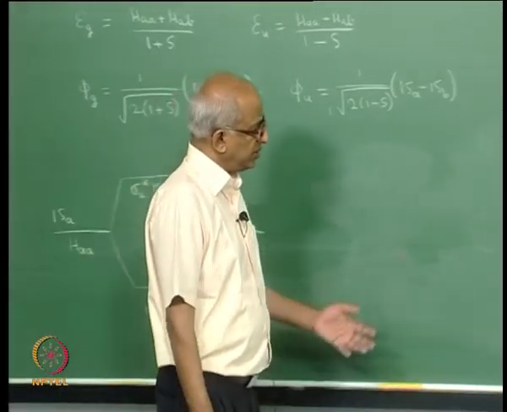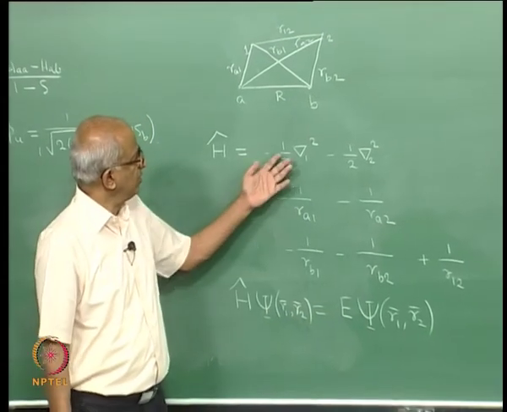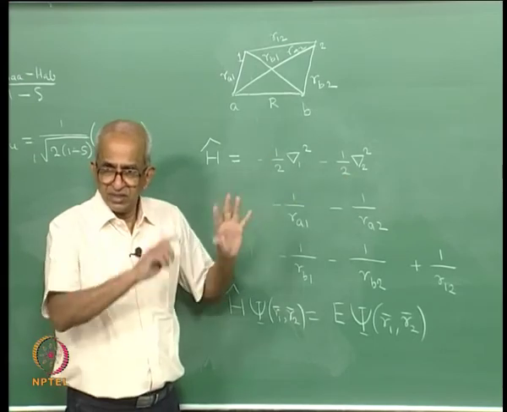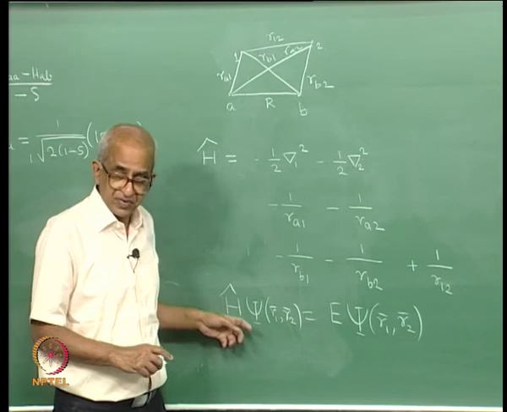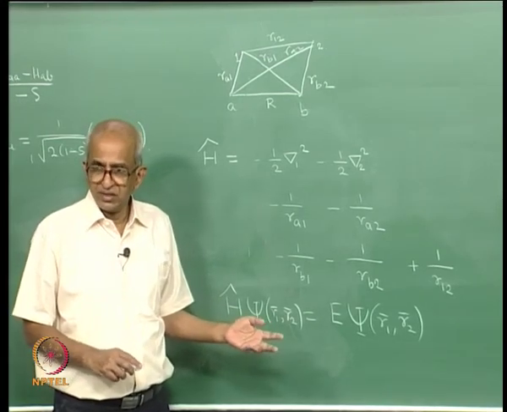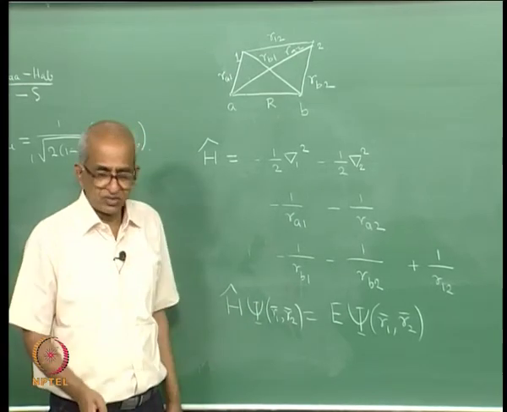And obviously, this equation simply cannot be solved, because you have 6 coordinates. That means you have 6 partial differentiations. So, this is a partial differential equation involving 6 variables, and almost impossible to solve. I should not say almost, it is impossible to solve.